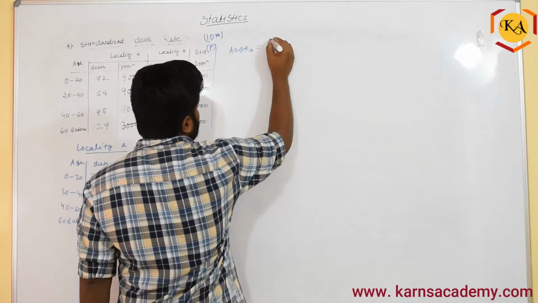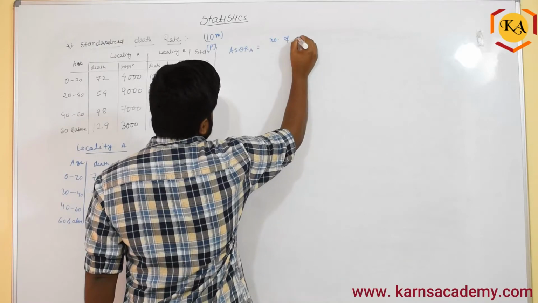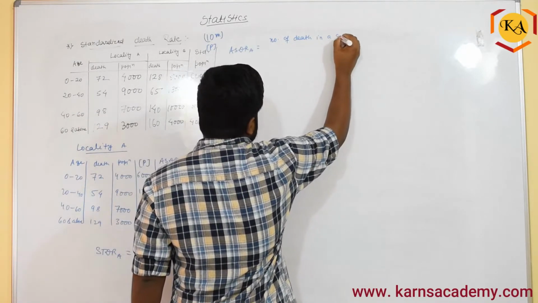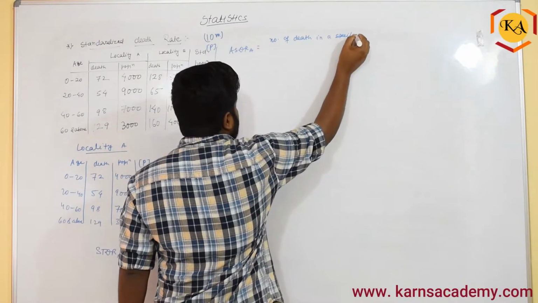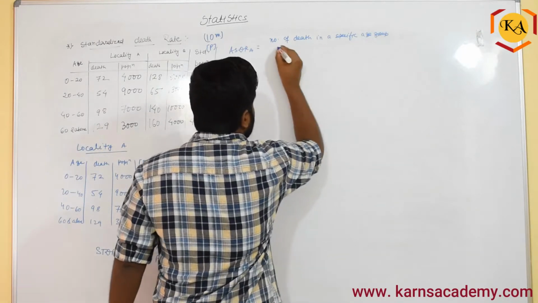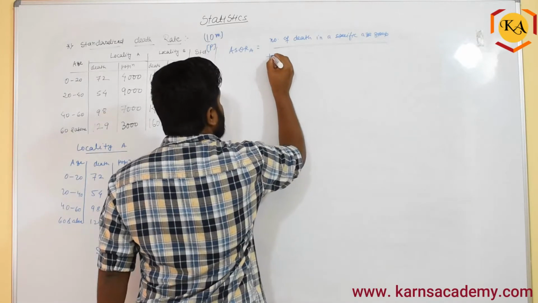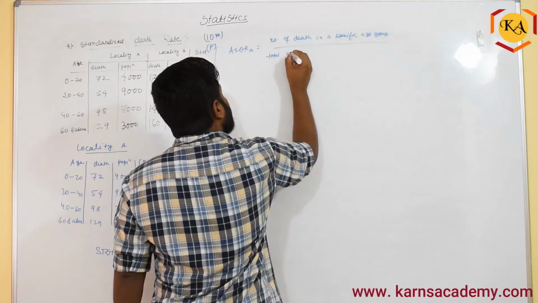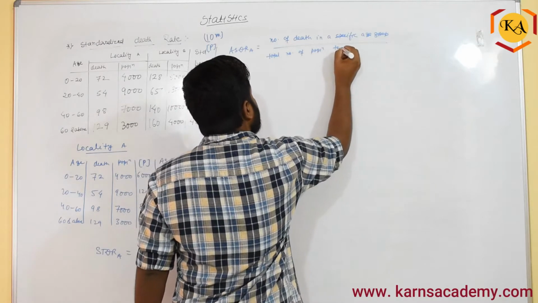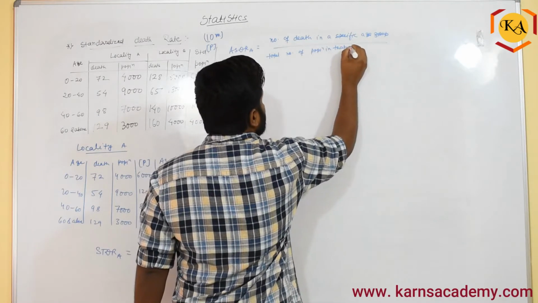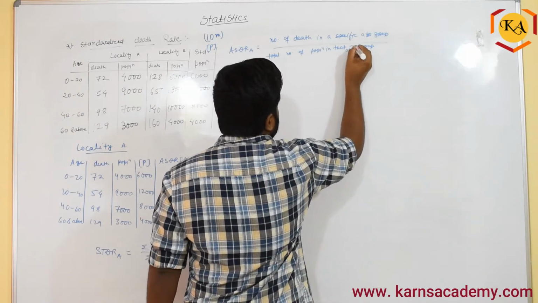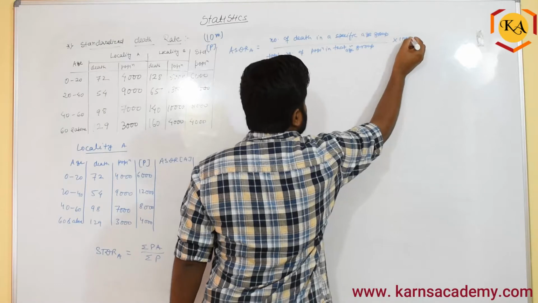So what will happen? Number of deaths in a specific age group divided by total number of population in that age group, into 1000.